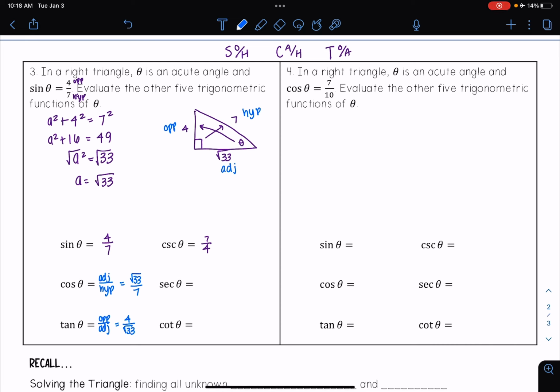We always rationalize the denominator, so I can't have a radical in the denominator. To get rid of that, I would multiply top and bottom by the square root of 33, and so I get 4 square root of 33 over 33.